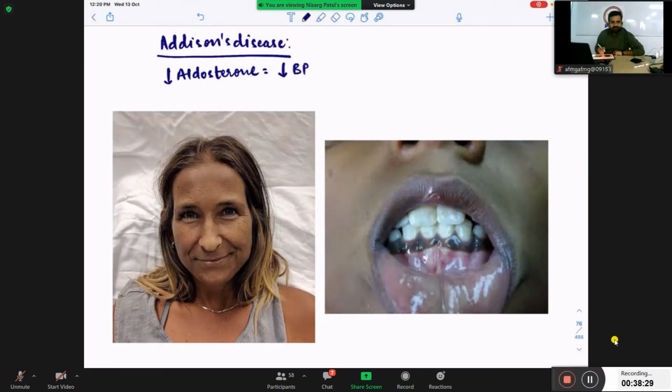What is the function of aldosterone? Sodium retention and potassium excretion. If aldosterone is less, what will happen? Hyponatremia, along with hyperkalemia. So this feature they will give you.